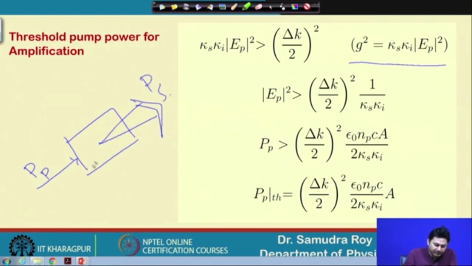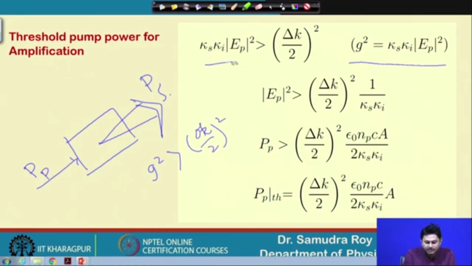In order to amplify this quantity, I need to put some kind of threshold pump here. If I put any pump power, that does not ensure that P s is going to amplify. In order to amplify, we found the condition, and the condition was simply g square is greater than delta k divided by 2, squared.